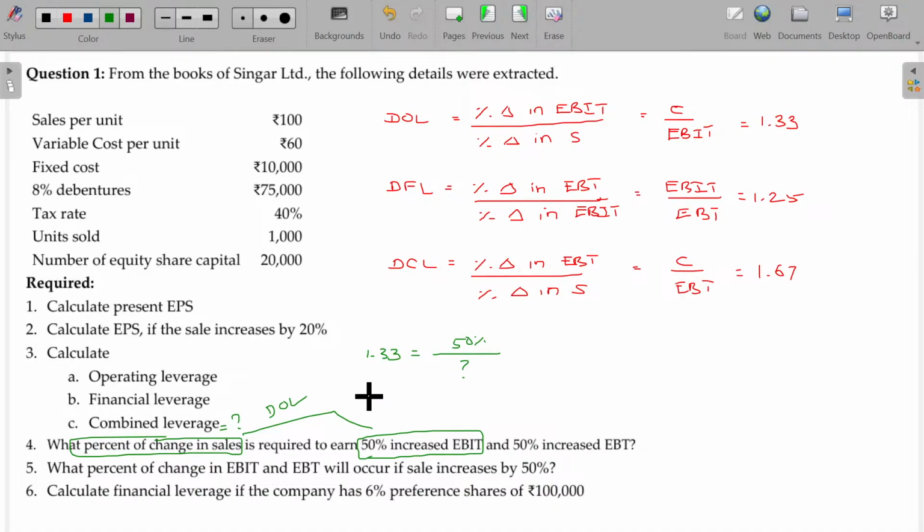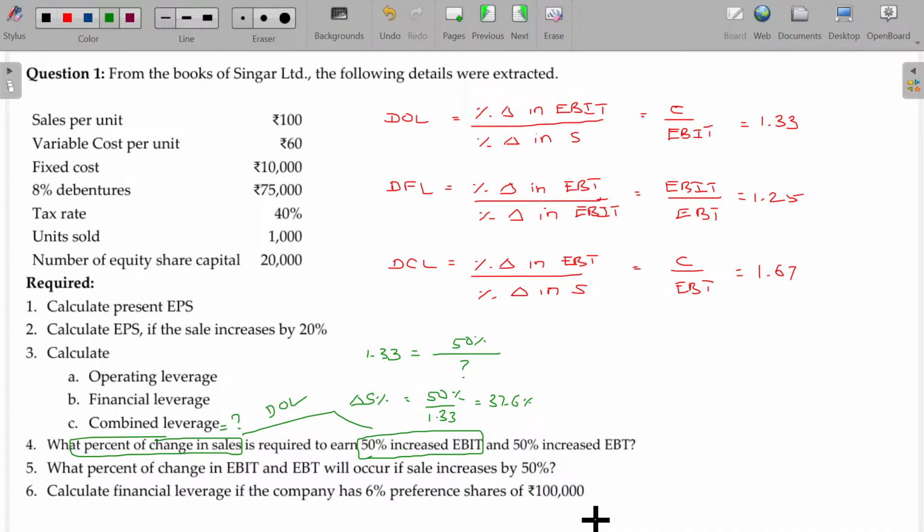Now, percentage change in sales is equal to what? 50 divided by 1.33. What's the ultimate value? 37.6%. Is that clear? If you are making 37.6% change in the sales, your EBIT change will be 50%.